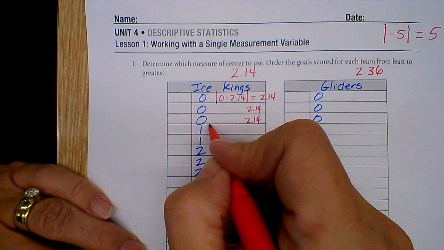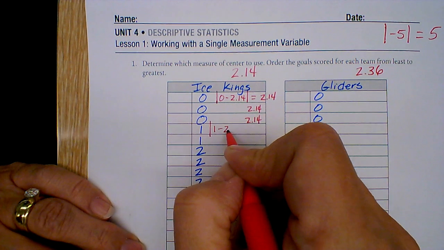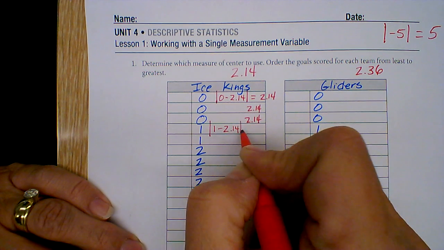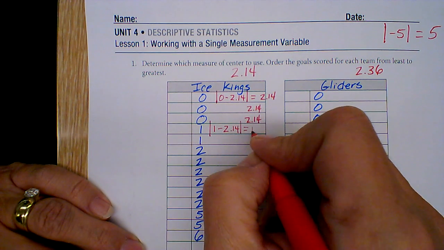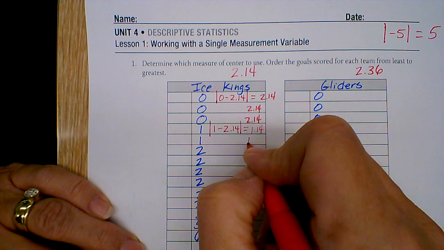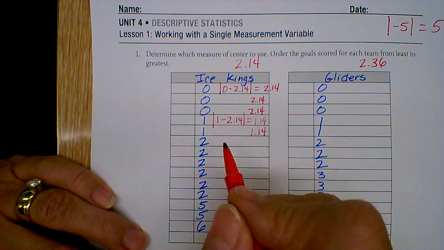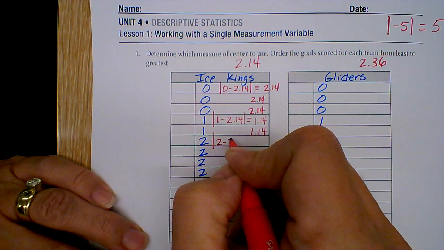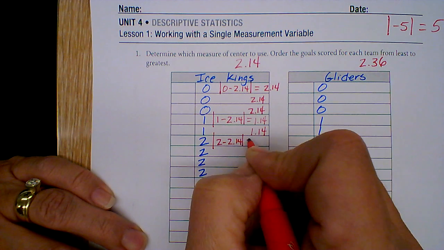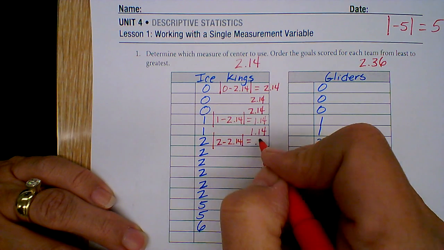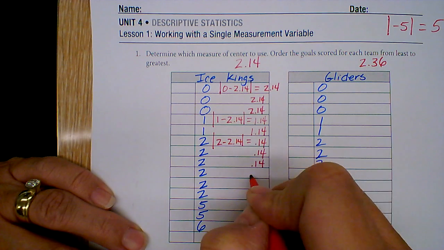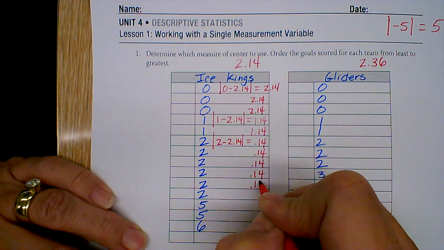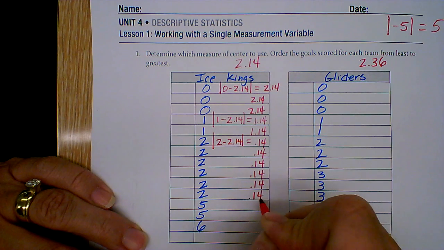For 1, we take the absolute value of 1 minus 2.14, and that gives us 1.14. And we have another one, so that's 1.14. Here we take 2 minus 2.14. The absolute value gives us 0.14, so 0.14, 0.14, 0.14, 0.14, 0.14.